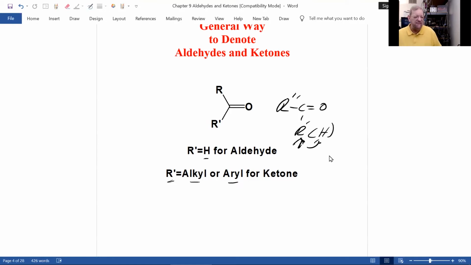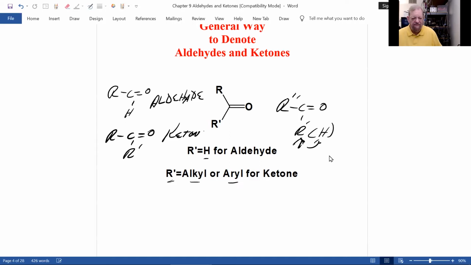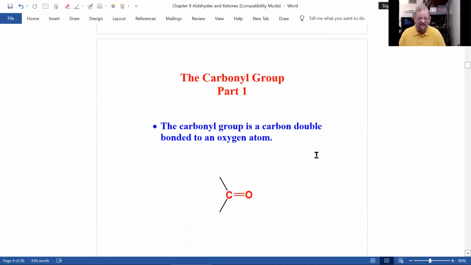And remember, this is an aldehyde. This is a ketone. So now we have these two wonderful functional groups, and the question is, how do you name them?